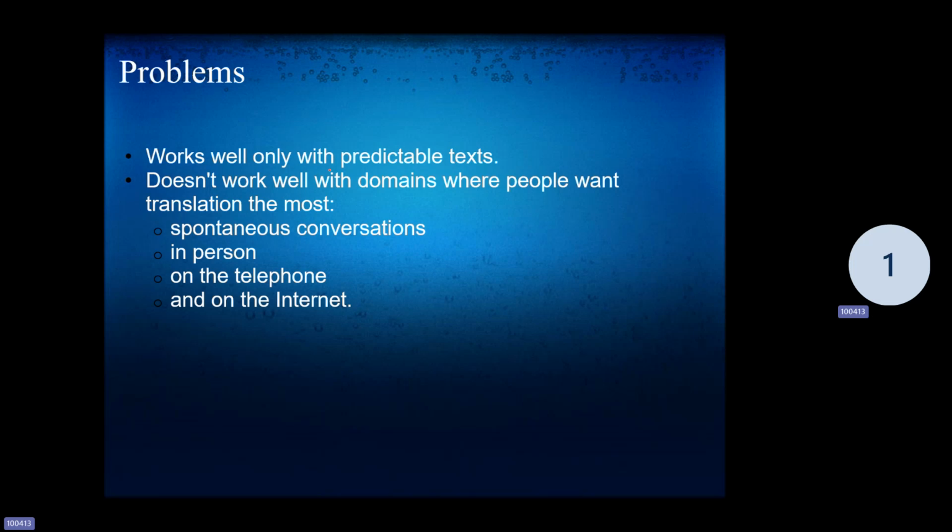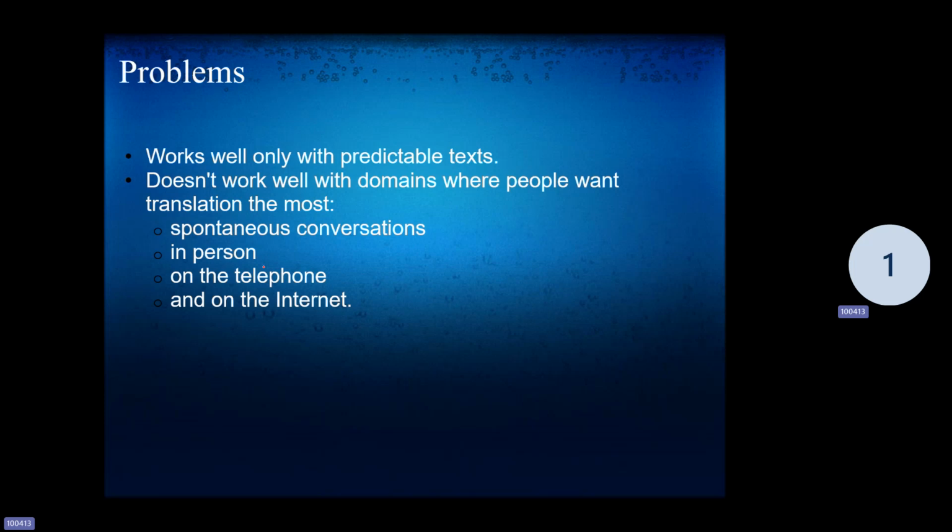Problems: it works well only with predictable text, and doesn't work well in the domain where people want translation the most: spontaneous, in-person conversation. If I am talking to some Telugu person, it's very difficult for me to understand the Telugu language, and there is no such translator nowadays.